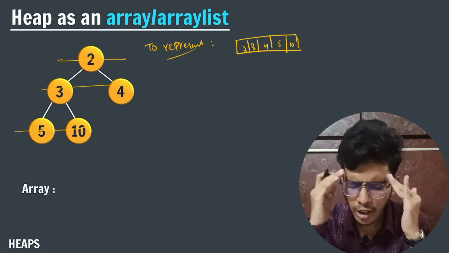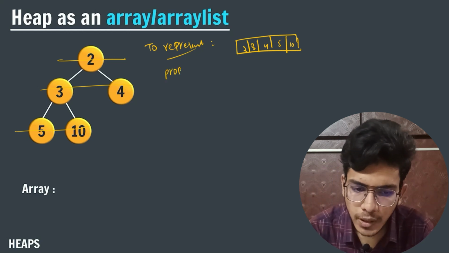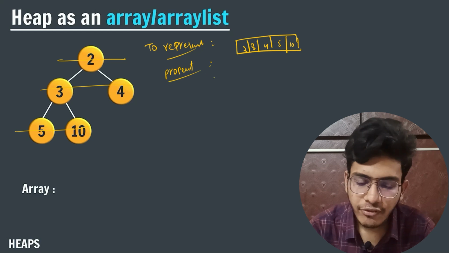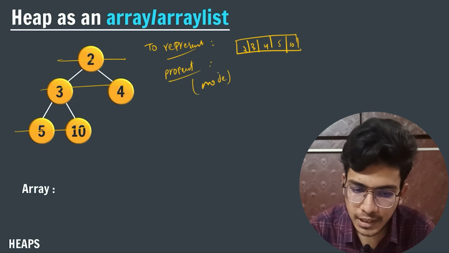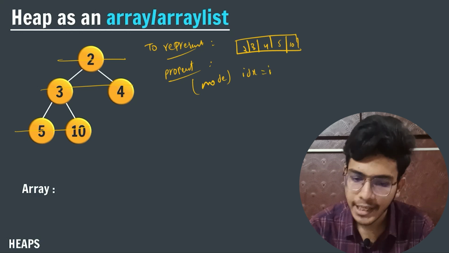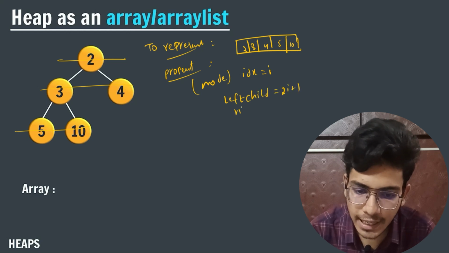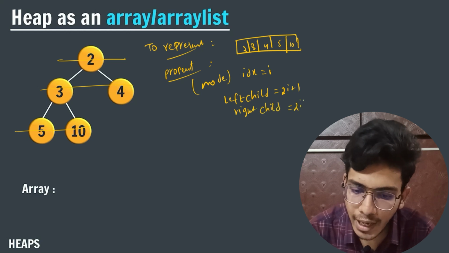And one more thing you need to keep in your head is this property, which is very important. If for a particular node its index is i, then its left child index will become 2i plus 1, and right child index will become 2i plus 2.